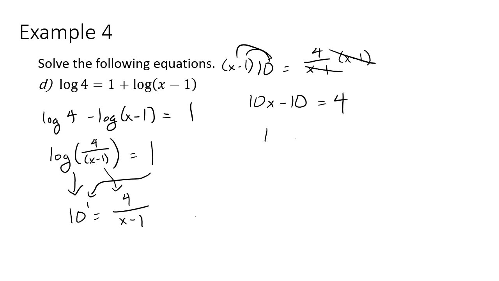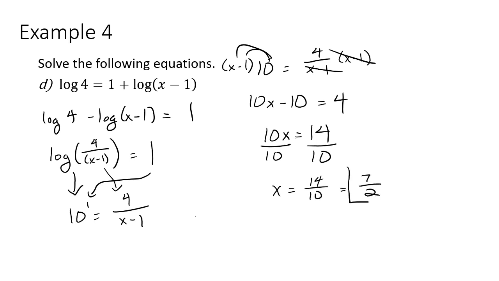If I add 10 to both sides, and then divide by the coefficient of 10, we get x is equal to 14 over 10, or 7/2 reduced.